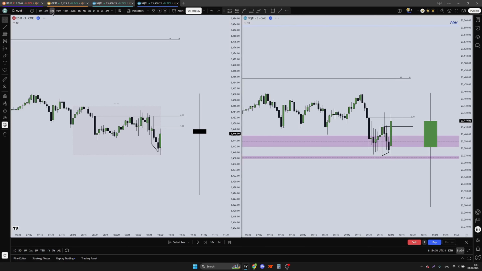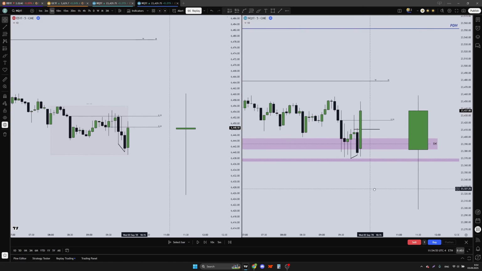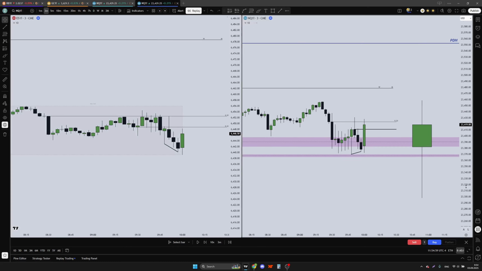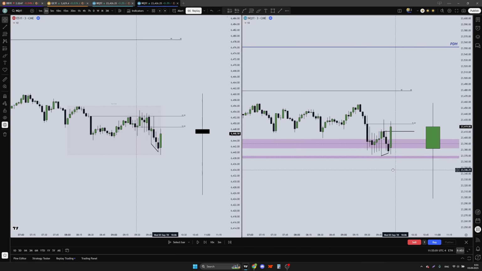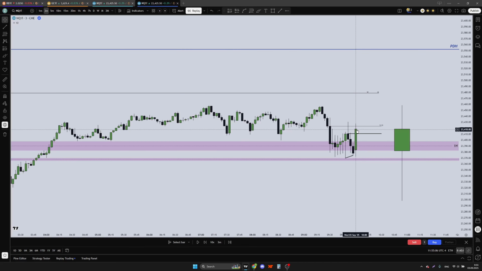Again, I'll use the 3-minute chart because those candles were more defined on the 3-minute, and I got my confirmation on the 3-minute chart earlier than the 5-minute chart. So as soon as price closed at 10:03, I just market entered.